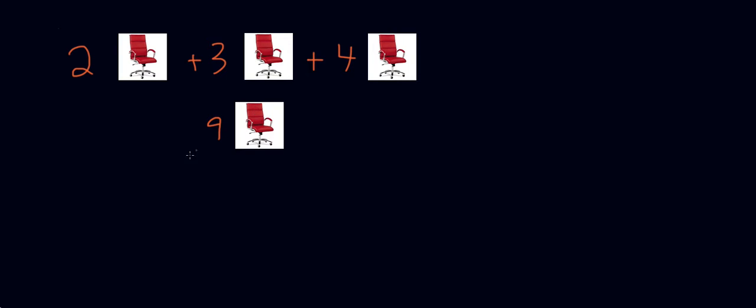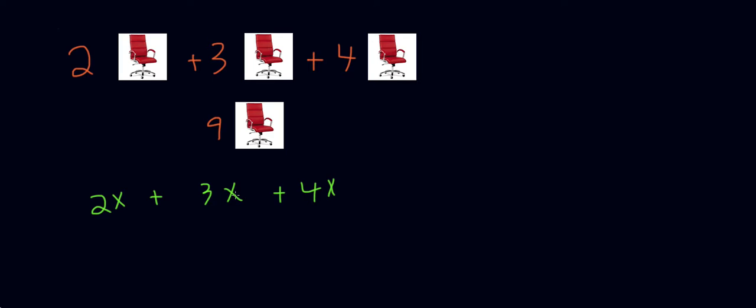So now let me explain this in a little bit more abstract manner using x's. So in algebra, you're gonna get really used to using x's and not actually knowing what the variable x is. So we can rewrite the same thing we wrote here as 2x plus 3x plus 4x.